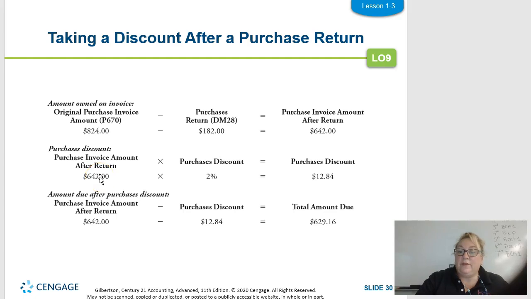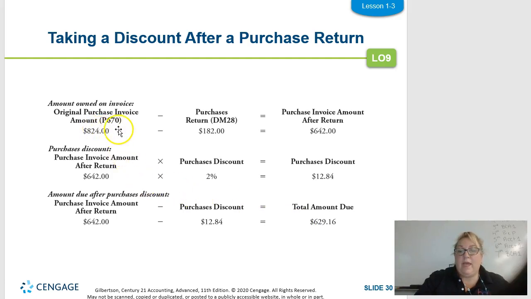Now, to figure out the discount, sorry guys, we take the amount that we now owe. So not the original amount. So we take the amount that we owe now. That's the amount that we're going to pay. They give us a discount of 2%, which equates to $12.84, and then we subtract that, and then this is the amount that we're actually going to pay.